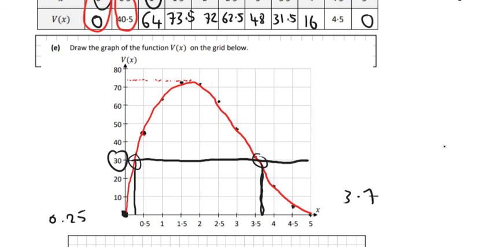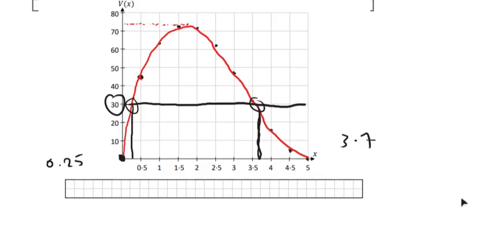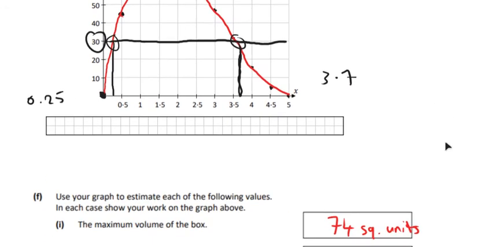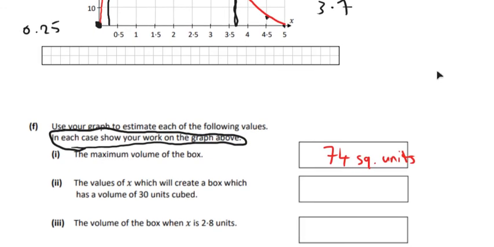Again, you won't be docked marks if you're not exactly right here, but showing the workings on the graph is a good idea. It actually says it in the question here: in each case, show your work on the graph above. So you have to show those lines that I put in up there. So my two answers are 0.25 and 3.7.